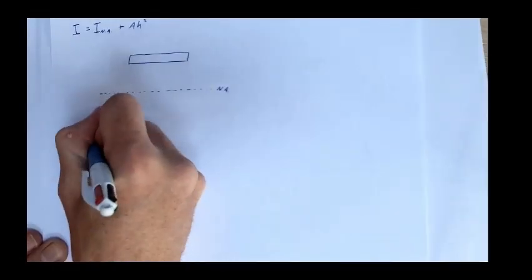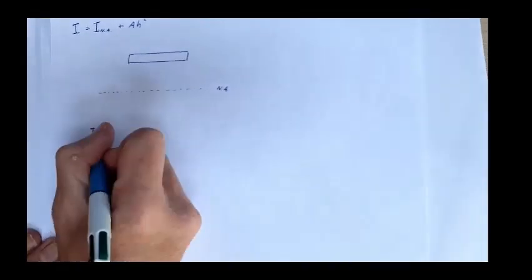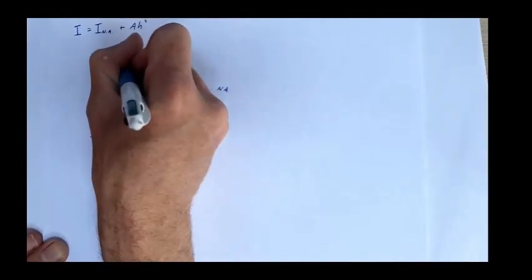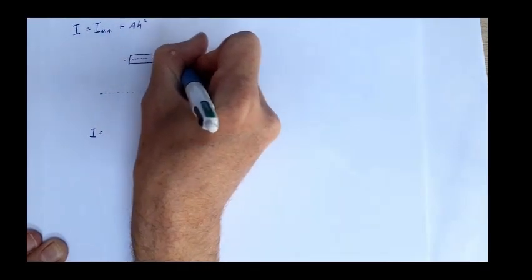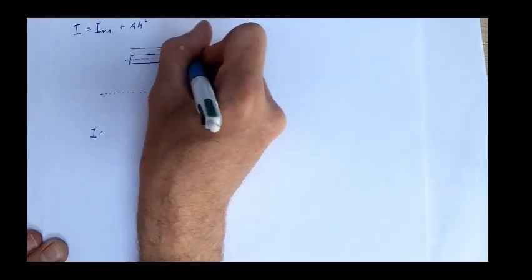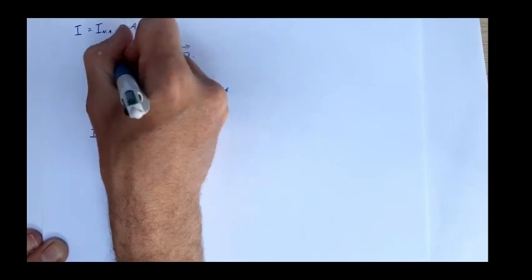So the second moment of area of this rectangle is simply going to be the second moment of area around its own neutral axis, which is here. We know how to do that. That's BD cubed over 12. So let's say that is B meters wide, D meters tall.